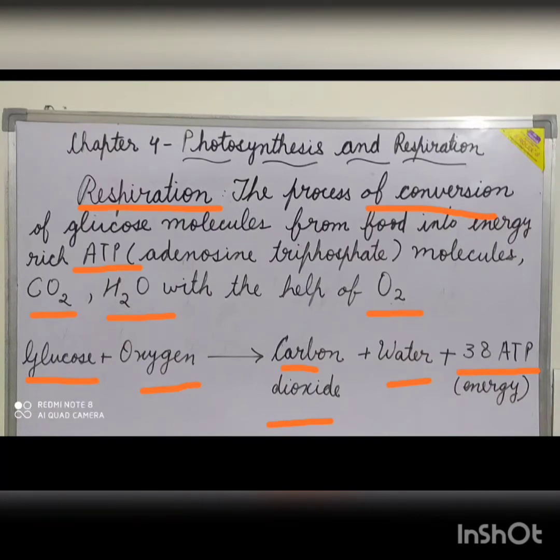By the breaking down of the glucose molecule, energy is released in the form of heat, but a large amount of it is converted into ATP, a chemical energy. The ATP molecules release energy for all the cellular activities. Hence, they are also called the energy currency of the cells.